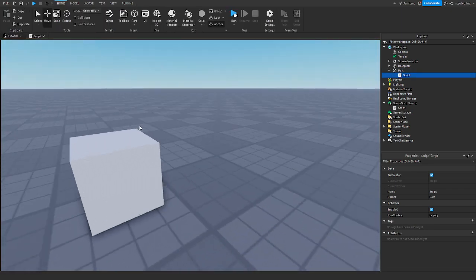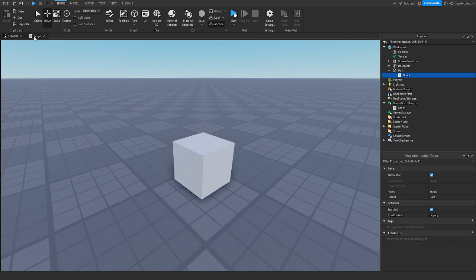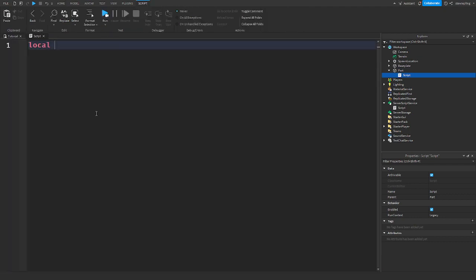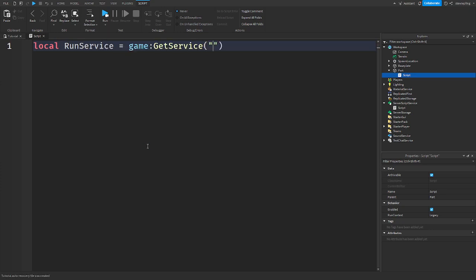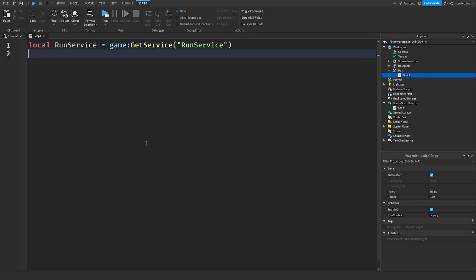This is my block I have here, and we're first going to start out by getting the run service, and you'll see why we're getting it. Let me zoom that out, but we're going to start with RunService.Heartbeat:Connect function. I'm just going to type all this out and I'll explain it in a little bit.